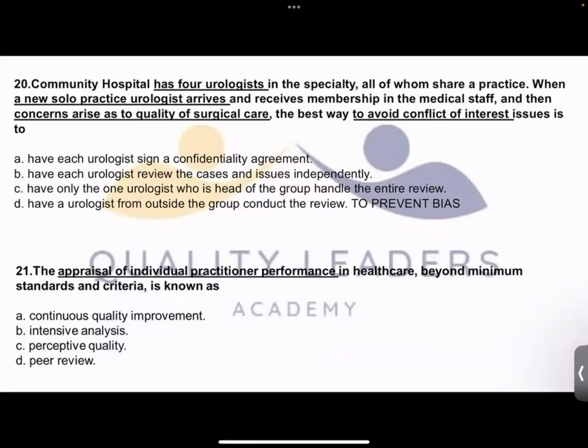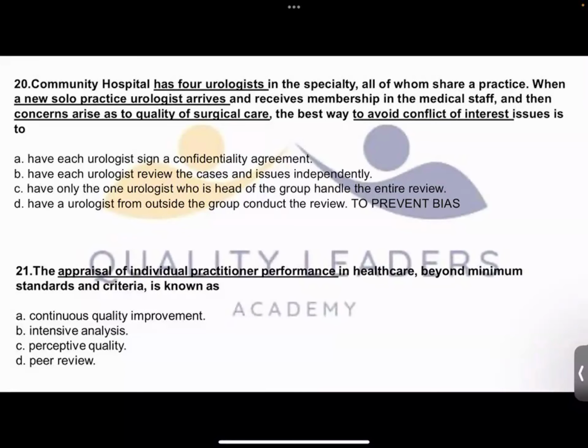B, have each urologist review the cases and issues independently. C, have only the one urologist who is head of the group handle the entire review. D, have a urologist from outside the group conduct the review to prevent bias.